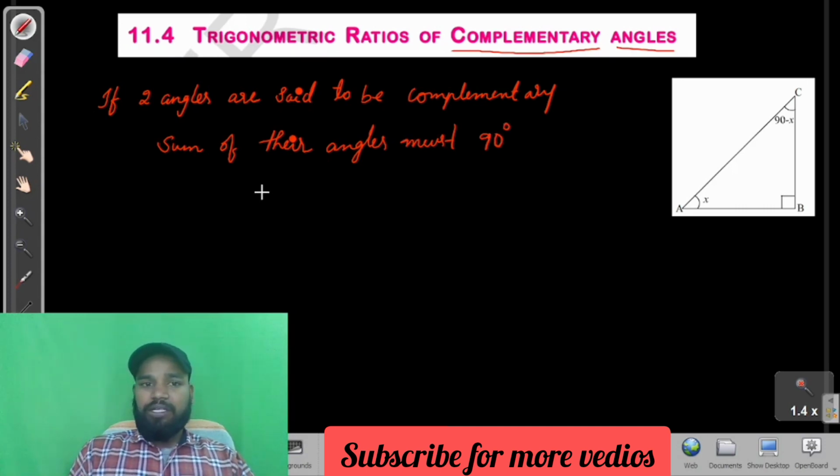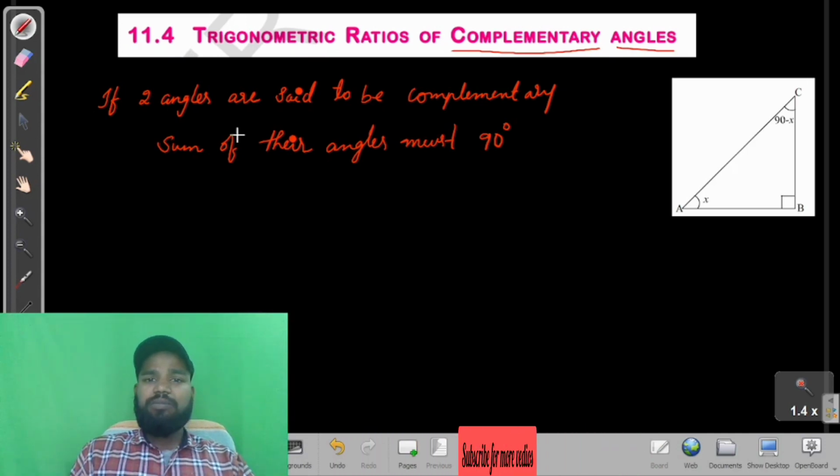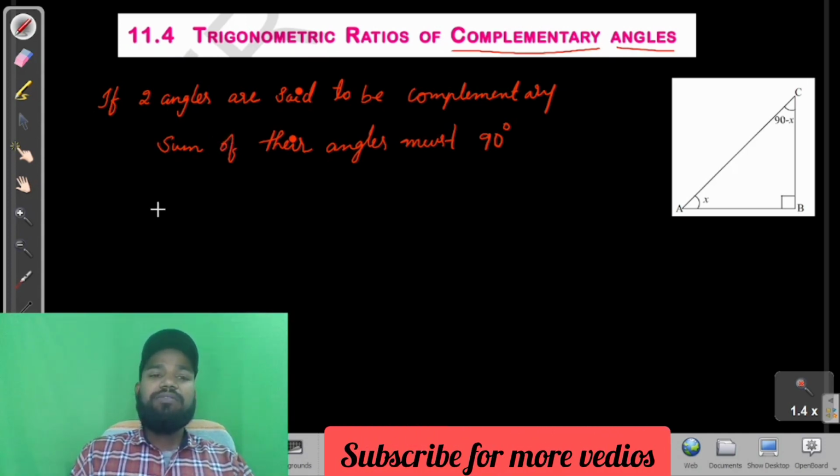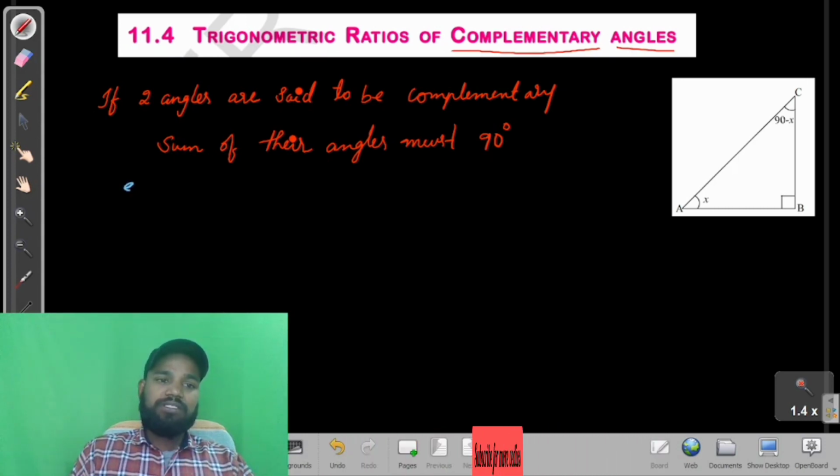Do you understand what I am saying? Any two angles are said to be complementary if the sum of the angles is 90. For your understanding, I am taking an example.